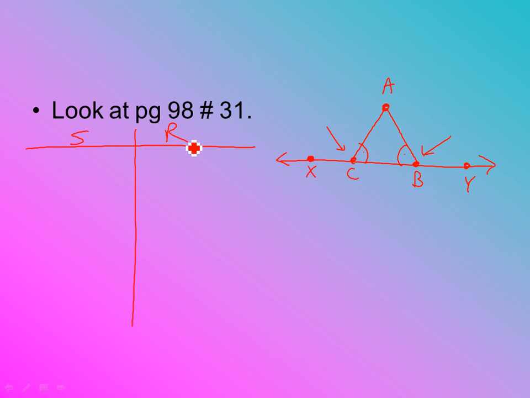Statements, reasons. What do I know about these two angles? I know that together they have to make 180. And then on these two angles, I know that together they have to make 180.